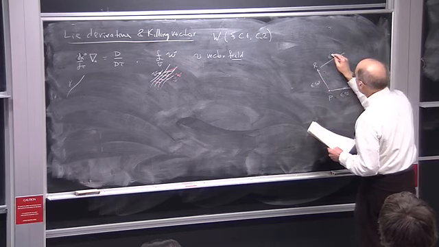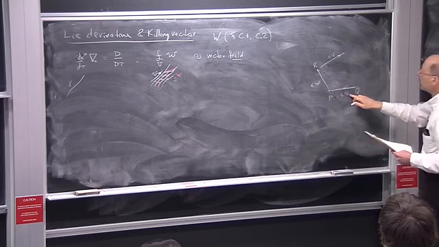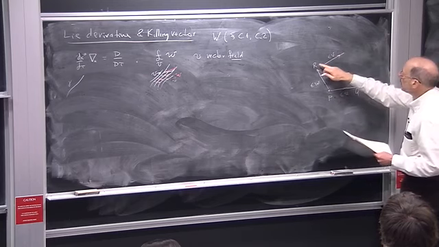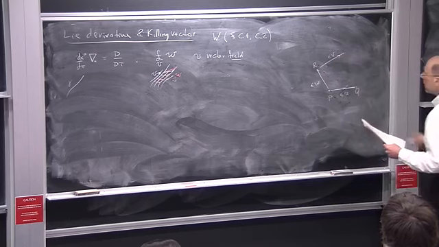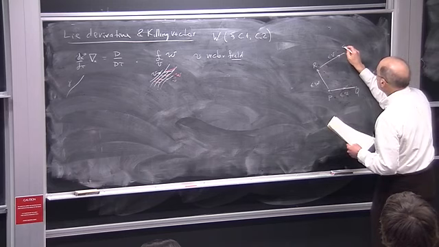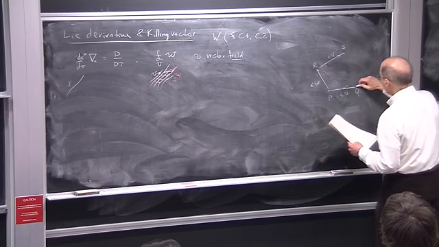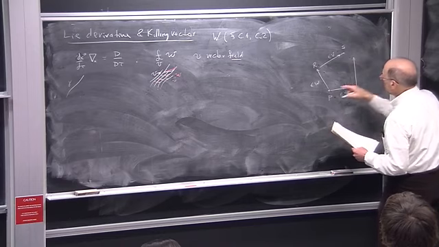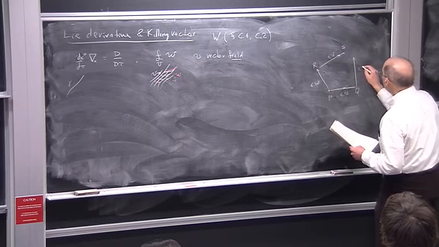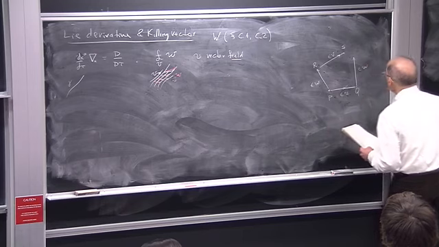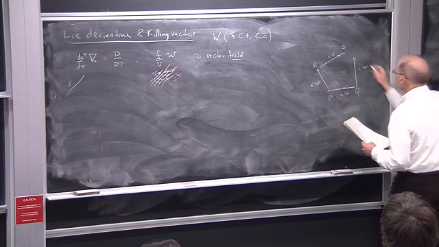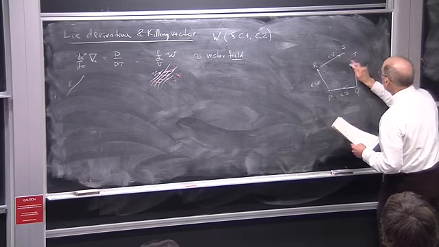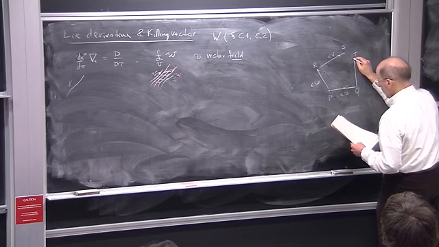I call that another epsilon V. It's not, of course, the same V. It's the value of V at the point R. That'll bring us to a point S. And then similarly, from Q, I can move off by epsilon W, and that'll bring us to a point that I've called T.